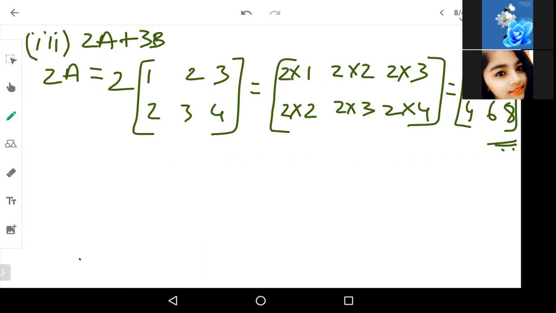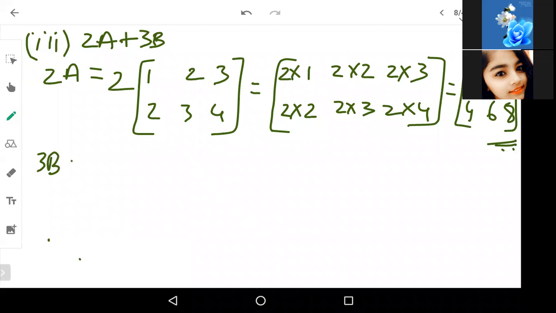What is the matrix that you get for 3B? Do you get 3 there? Ravi, check that. Okay, there's some confusion. You are supposed to multiply it with 3. Okay, let's solve that.